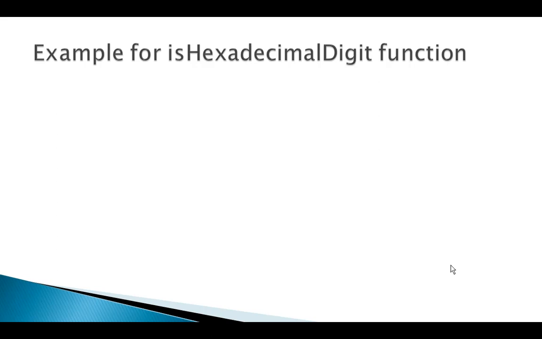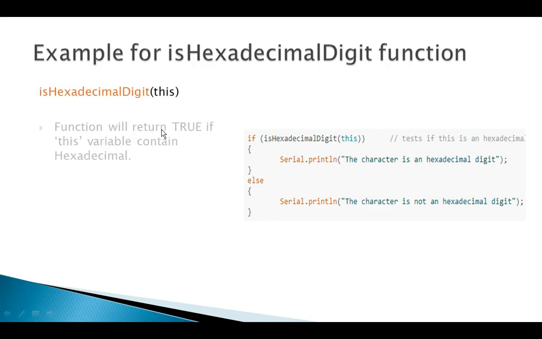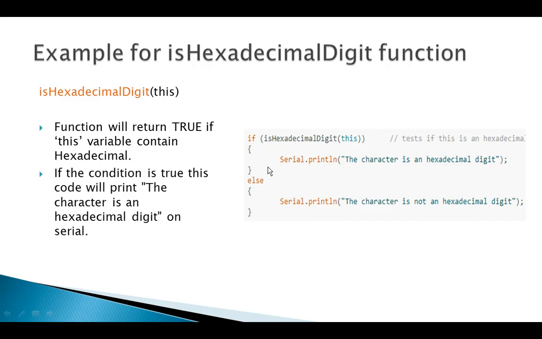The example for isHexadecimalDigit: here we want to check whether this variable is a hexadecimal digit or not. This function will return true if this variable contains a hexadecimal digit, otherwise false. If the condition is true, then it will print on serial: the character is a hexadecimal digit.